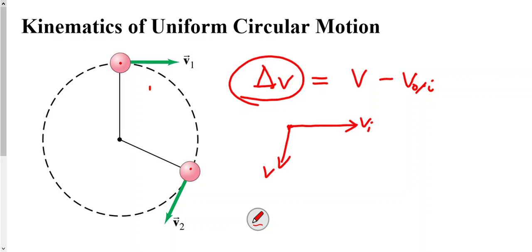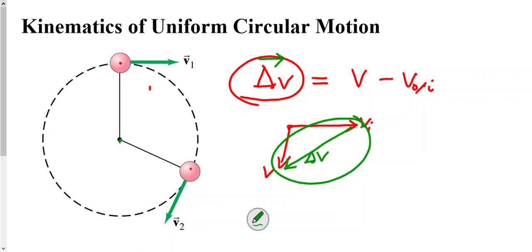And I would draw the resultant velocity. You notice that this points, and that's the change. That change points towards where? It points towards a fixed point in the center.